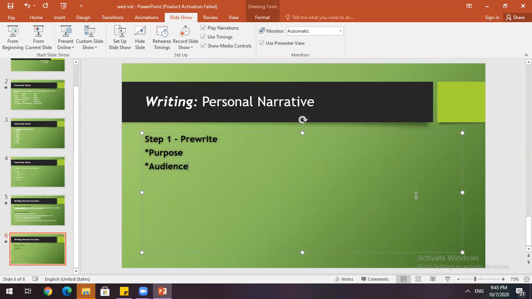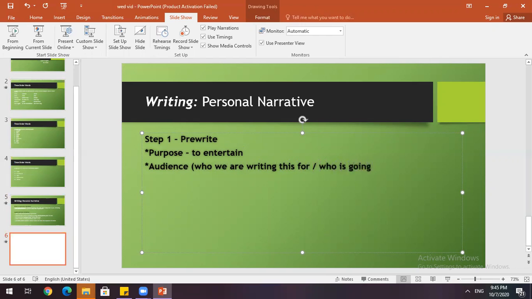What is our purpose? Our purpose is why we are writing this. We are writing this to entertain, all right? And our audience is who we are writing this for, or who is going to read this. So this is all part of step one, pre-write.